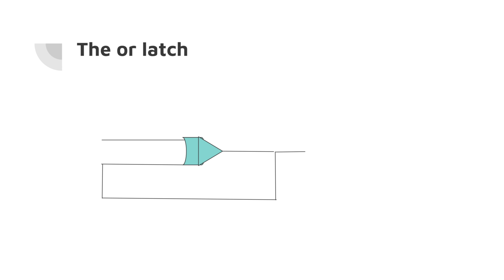So the simplest thing is basically the OR latch. It's basically a one-input latch. So let's see how this actually works. In the beginning, let's say that you set A, which I guess is the only input, so let's call it input.